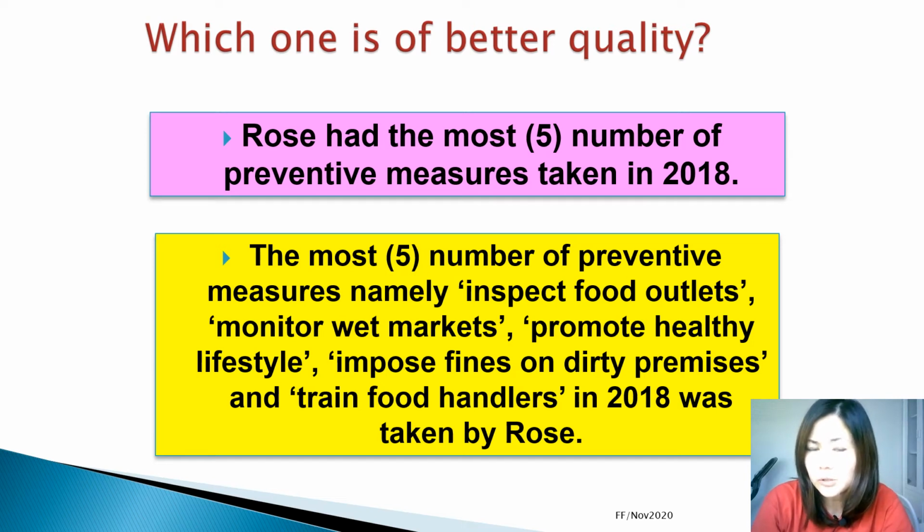So if you were to compare the green box and the yellow box, we would accept both answers, but the yellow box will earn better marks because it has more information, in which it stated the key features: inspect food outlets, monitor wet markets. It's more information compared to the first one. So if you ask yourself again which one of these would be the choice of answer, tell yourself the yellow box is the better answer.